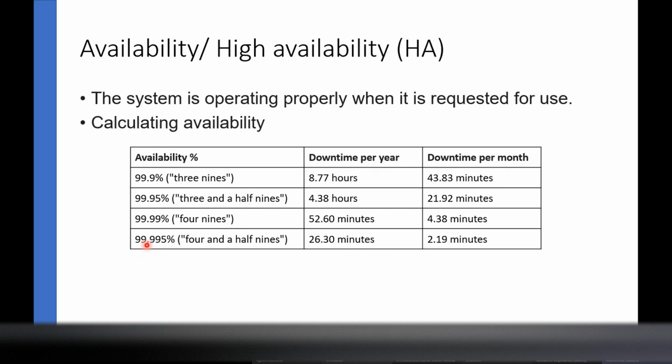If it is 99.995, that means it's around 26 minutes per year and 2.19 minutes per month. For any given month, you might feel the system is not available for 2 minutes. System availability is lost for 2 minutes per month.